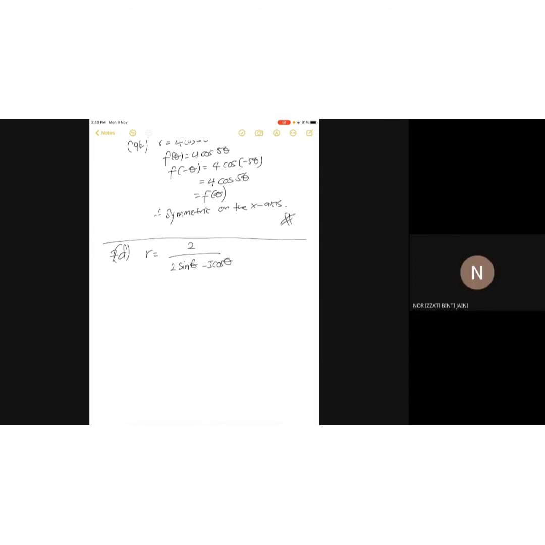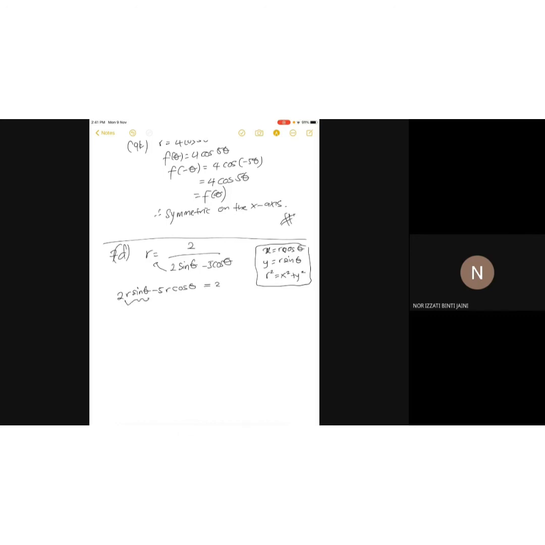Okay, so kalau awak tengok, kan saya kata tadi you ada x equals to r cos theta, y equals to r sin theta, and then you akan guna 3 ni saja untuk tukar-tukar ni actually. So actually you boleh bawa ni naik atas kan, so dia akan jadi 2 r sin theta tolak 5 r cos theta equals to 2.